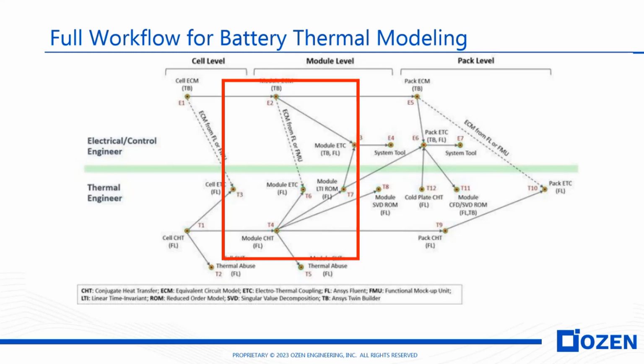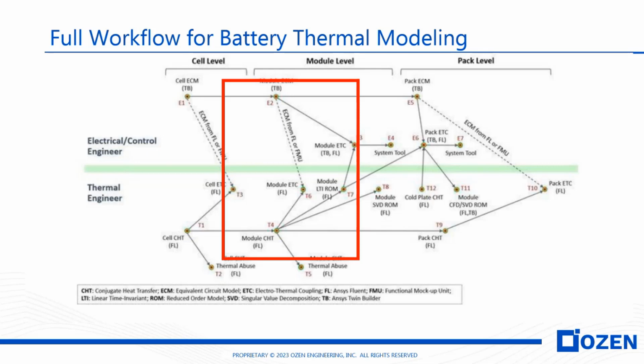The top half is more for electrical or control engineer type work. The bottom half is for the thermal engineer, hence T and E. As we go from left to right, we go from a smaller battery at a cell level, then we move on to a module level, and then at the most detail, it's the pack level. So it's at three different levels.